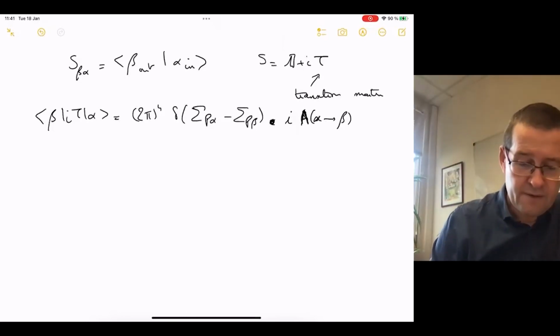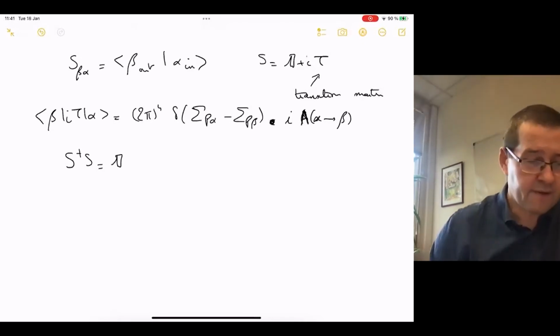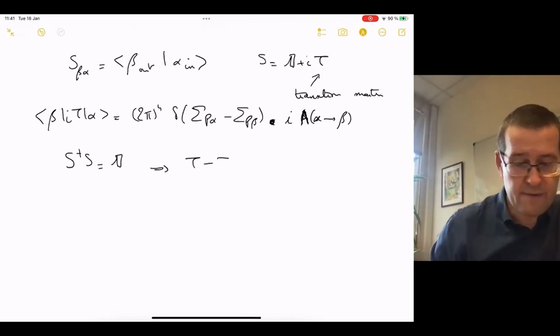And then, since your S matrix is unitary, that has a consequence for the T matrix.